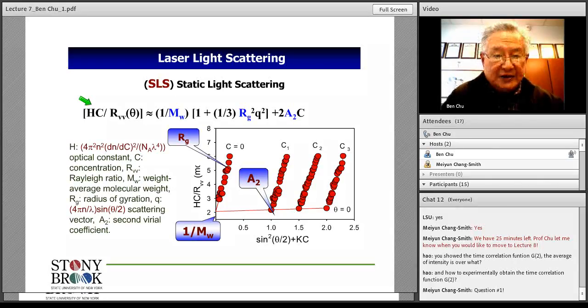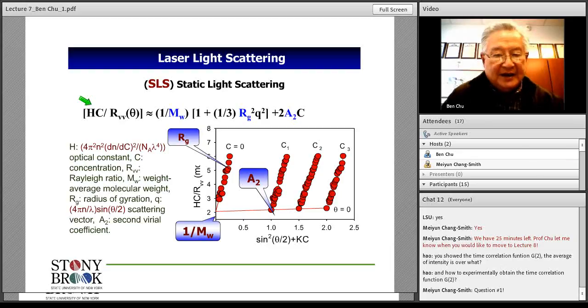So the essential feature of that is sine squared theta over 2 plus Kc. K is not the magnitude of the momentum transfer vector. K is in this case just a constant times the concentration. It's used to shift the curves so that you can see it clearly.